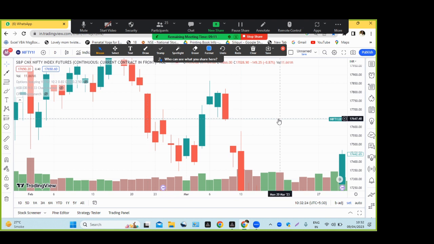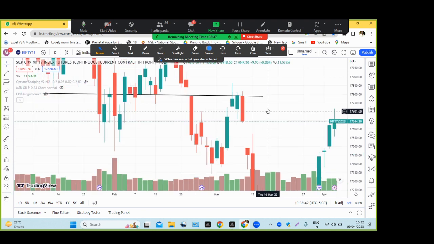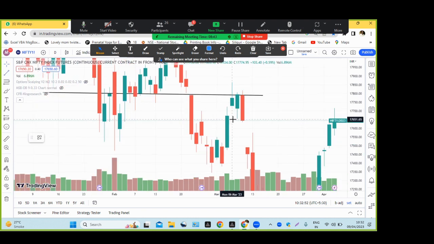Okay. Now next day this red candle appears. Now try to understand this. What is happening at this level? Let's understand. This is very important. We draw one line. If we draw backside, what is happening? We draw that line somewhere here, backside. Again we draw one more line somewhere here.